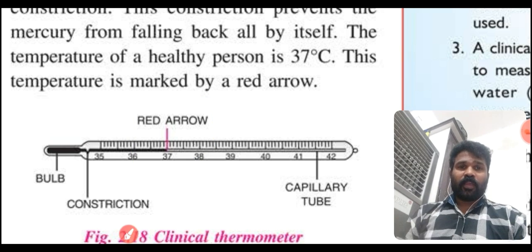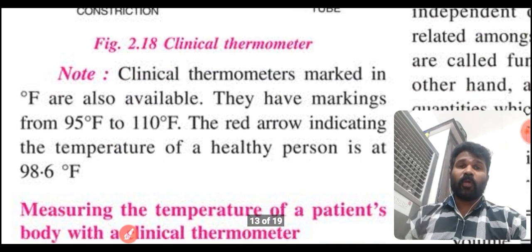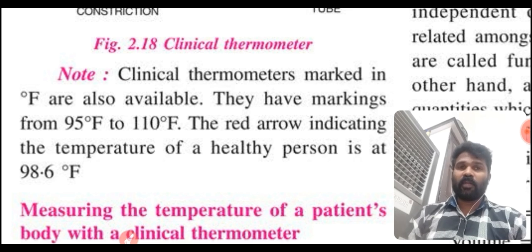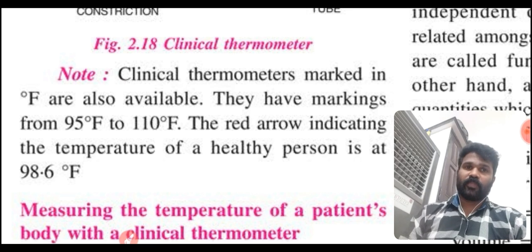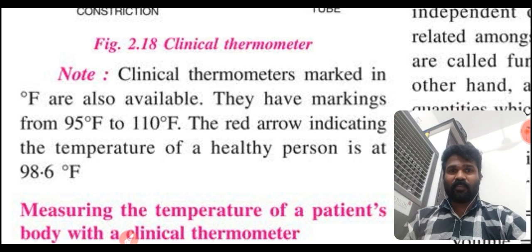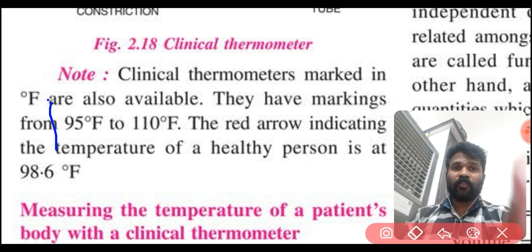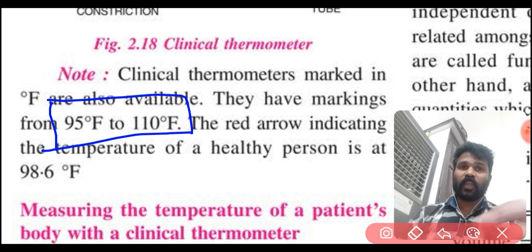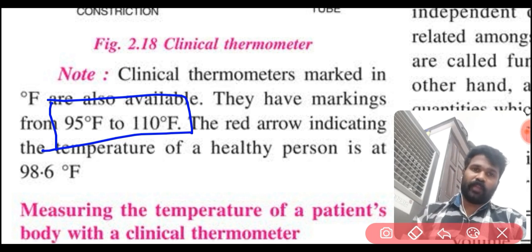Okay, students. Now here is one more important thing: clinical thermometers marked in degrees Fahrenheit are also available. In those types of thermometers the markings will be 95 degrees Fahrenheit to 110 degrees Fahrenheit.